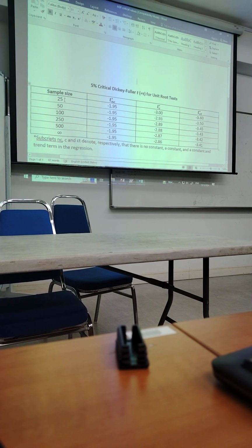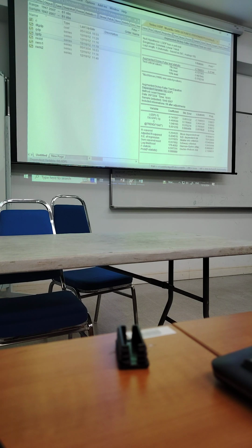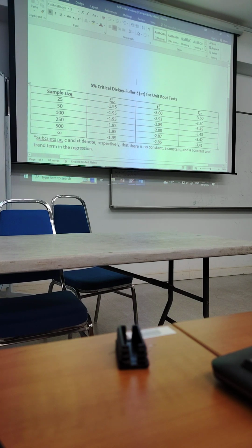This is the critical value simulated by Dickey-Fuller, used to compare with the test statistic, but it is very nice that it is provided straight away together with the critical value. It depends on the observations, the sample size.